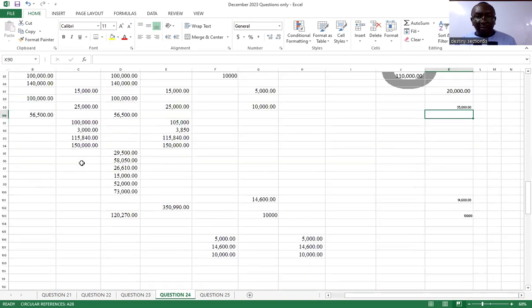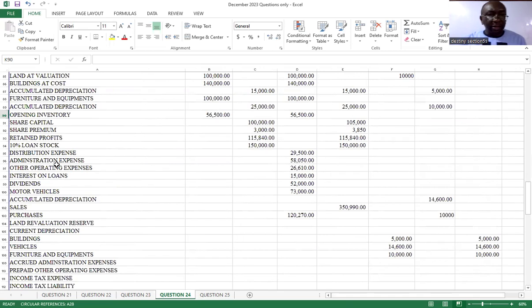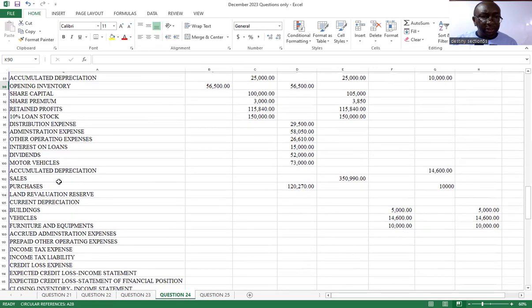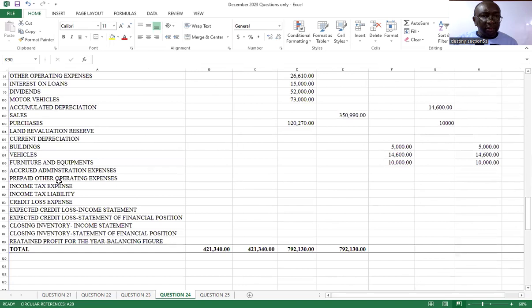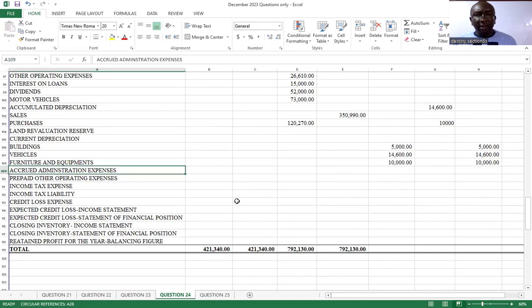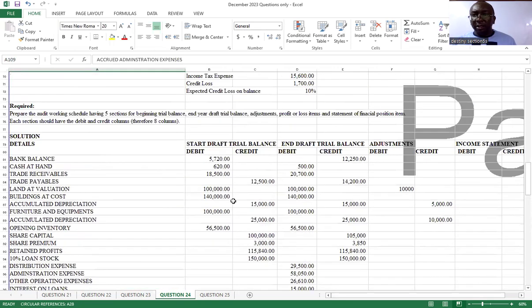So we will come here, look for the administration expense. Where is it? I've seen the accrued administration expense first. Let me see which column in the adjustment. Credit is on G.